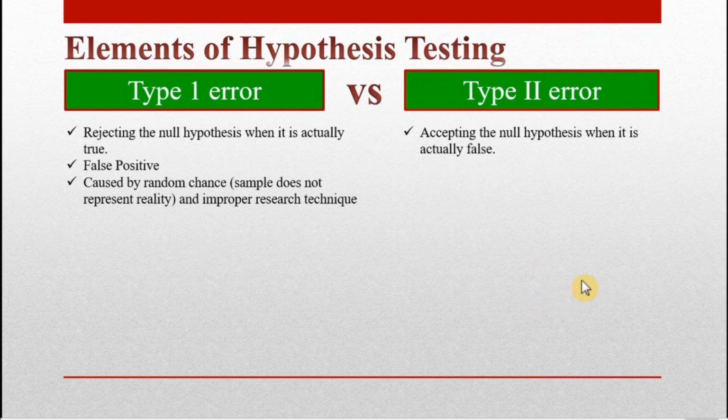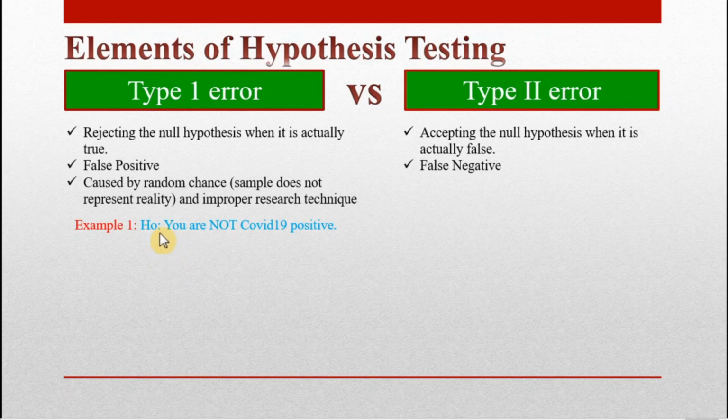Whereas type 2 error is an error that happens when we accept the null hypothesis when it is actually false. Anyway, it's called a false negative. Let us provide an example so that we can better understand this concept.